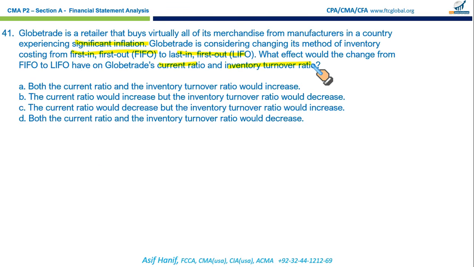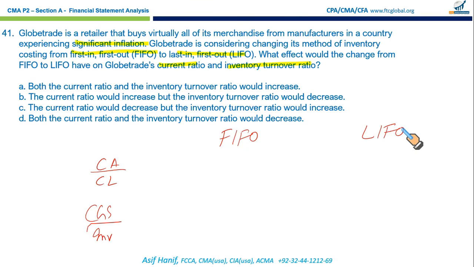First of all, current ratio is current assets upon current liabilities, and inventory turnover is CGS upon inventory figure. Right? We have two systems. First system was FIFO. Now we are moving from FIFO to LIFO. Now please see, when price level is rising, our concern is what will happen when we move to LIFO.